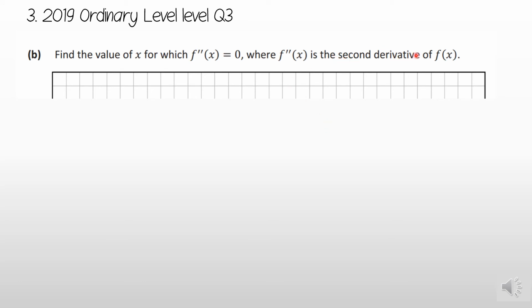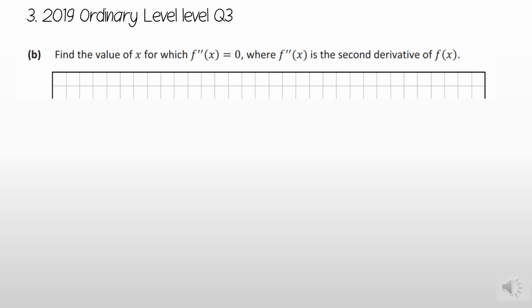So you do differentiation twice. Then you solve that: you get f double dash, let it equal 0, and find x. So let's do that.